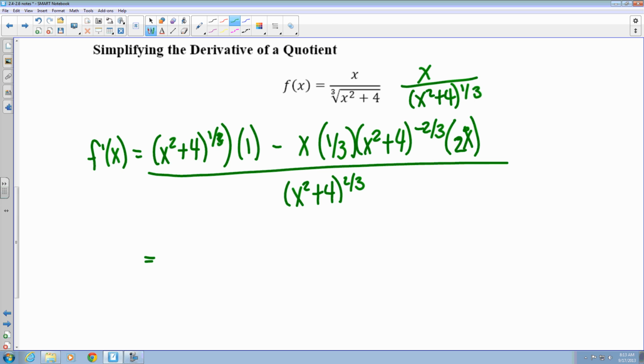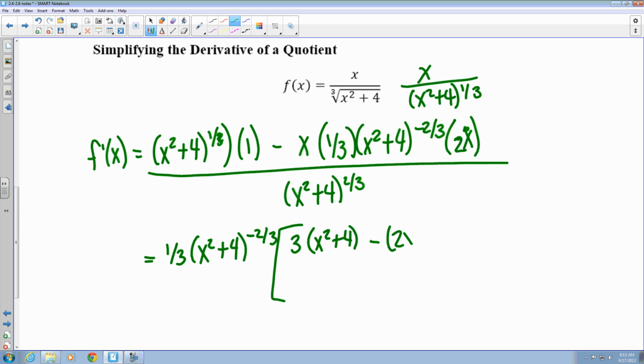Factoring out that least powers, which is negative 2/3. And what we have left is 3 times x squared plus 4 minus 2x squared, over x squared plus 4 to the 2/3.